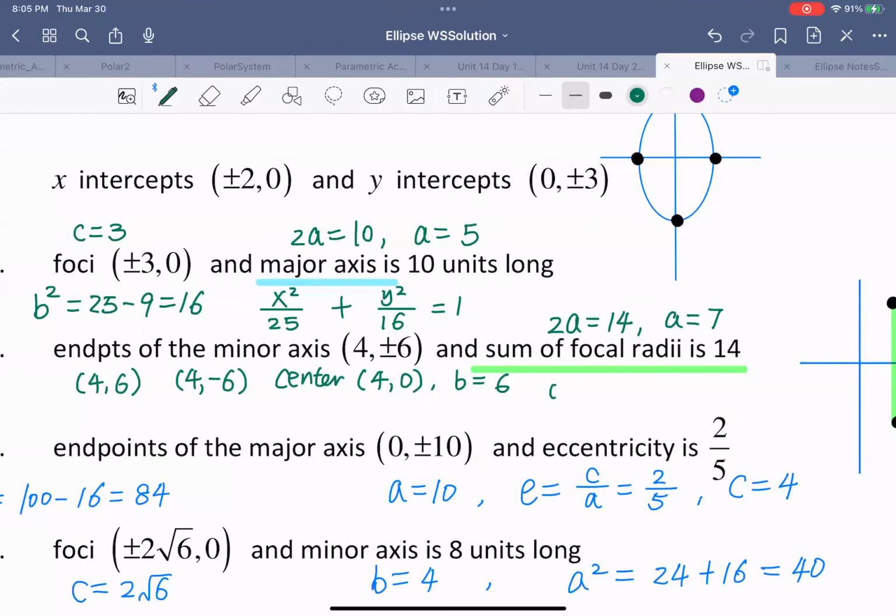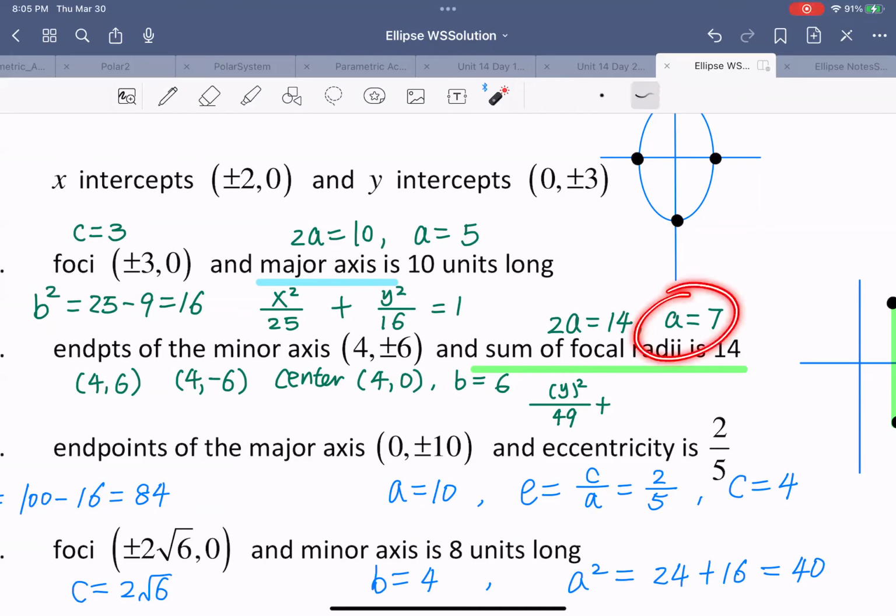Y squared over 36. Over 7 squared, which is 49, right? Plus? Wait, is it not X squared? No, it's not X squared. It's the vertical direction. Yes?